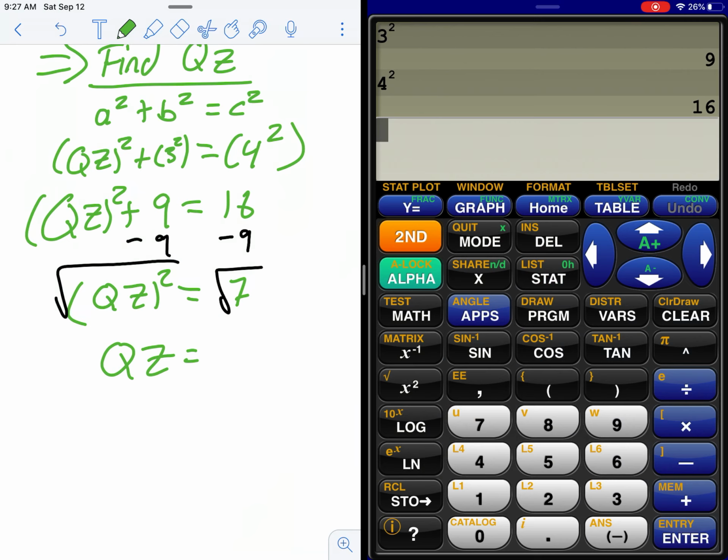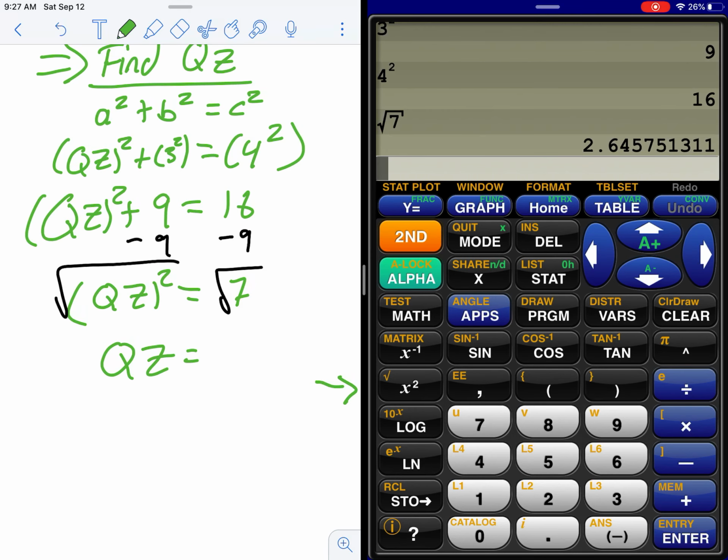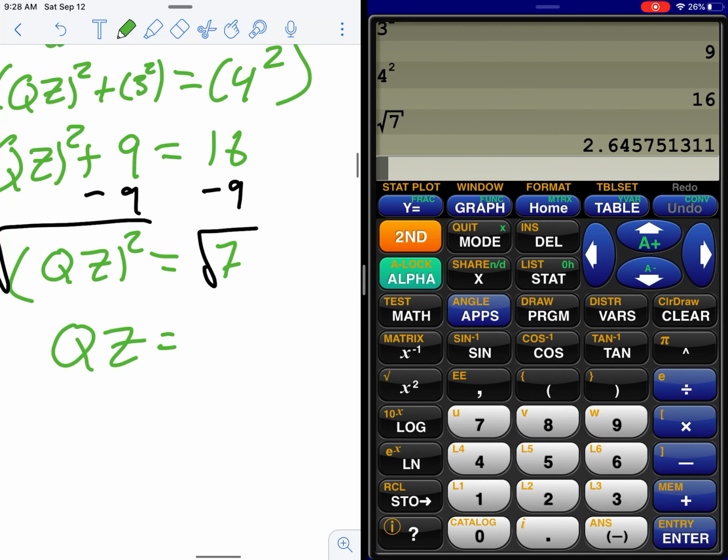Now remember, how do I get there? Well, your square root button is the yellow version of x squared. So press the yellow button, press x squared. So it gets you to the yellow part. And that's going to give me 2.6457513. So remember, I'm not going to round it, I'm going to try and keep a lot of decimal places.